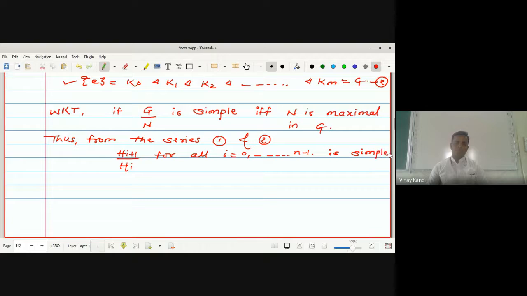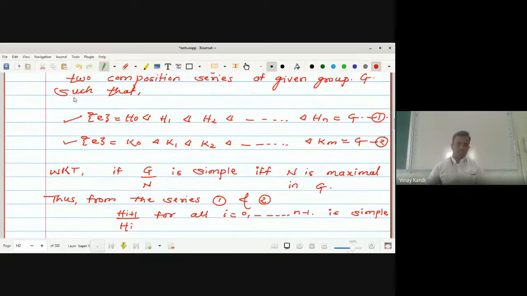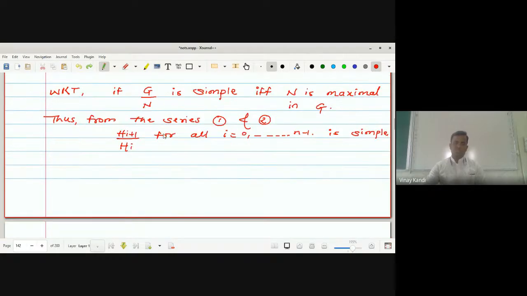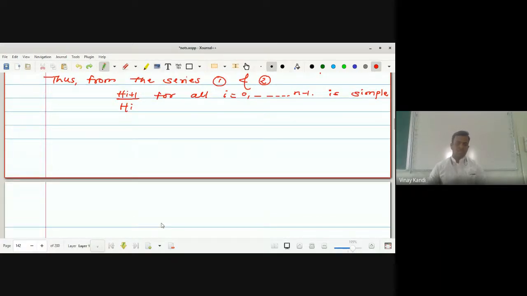Why? Because this series is a composition series. By the definition of composition series, H0 is normal in H1 and H1 upon H0 is simple, H2 upon H1 is simple. A simple factor group has no proper normal subgroup. So here, Hi plus 1 upon Hi for i running from 0 to n minus 1 is simple by the definition of composition series.